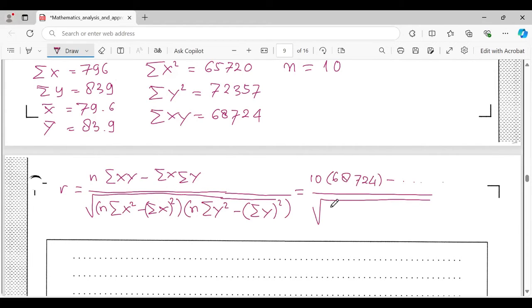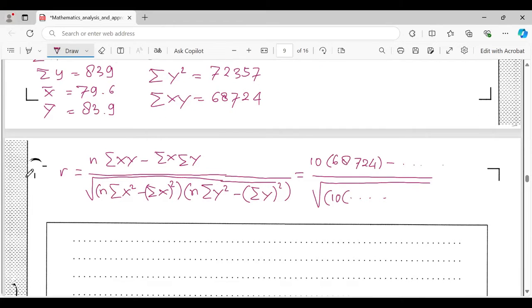You can substitute this, 10 times so on. You can substitute this number, and if you calculate the result of correlation coefficients R, you will find it is 0.901.